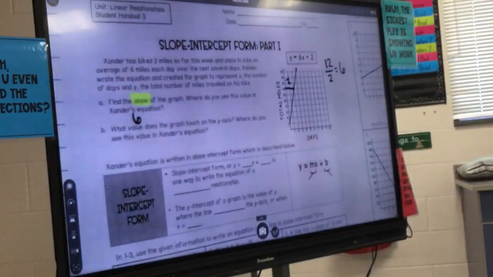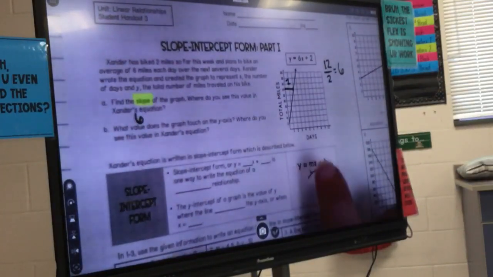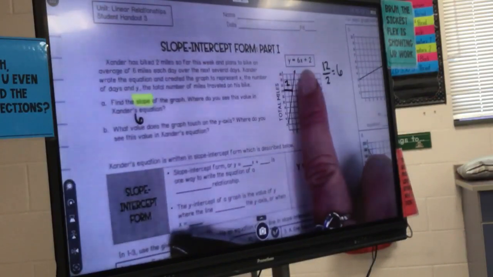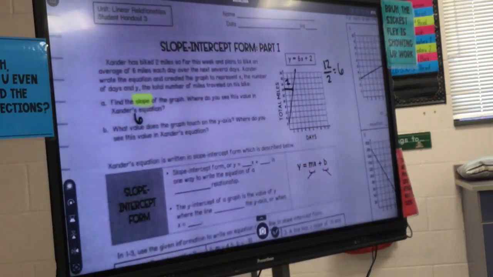Where in our equation is 6? So we're looking at this equation of y equals 6x plus 2. So where is our slope in our equation? It's not the y at all. Don't call out. Listen to my question. What is the 6 in our equation?